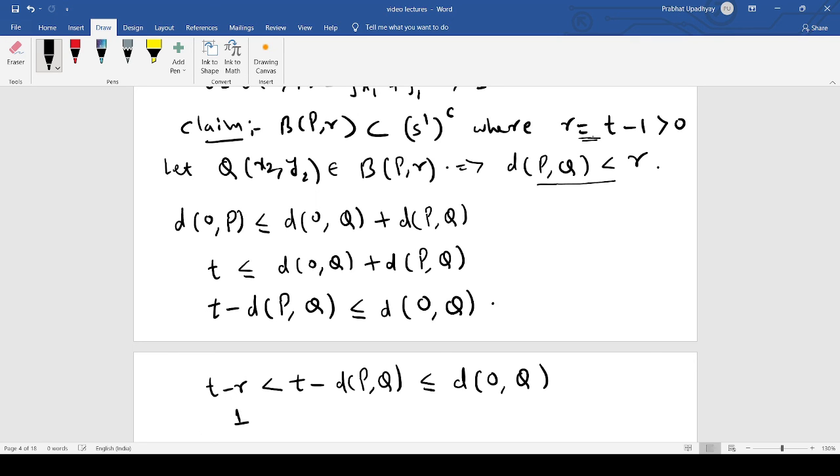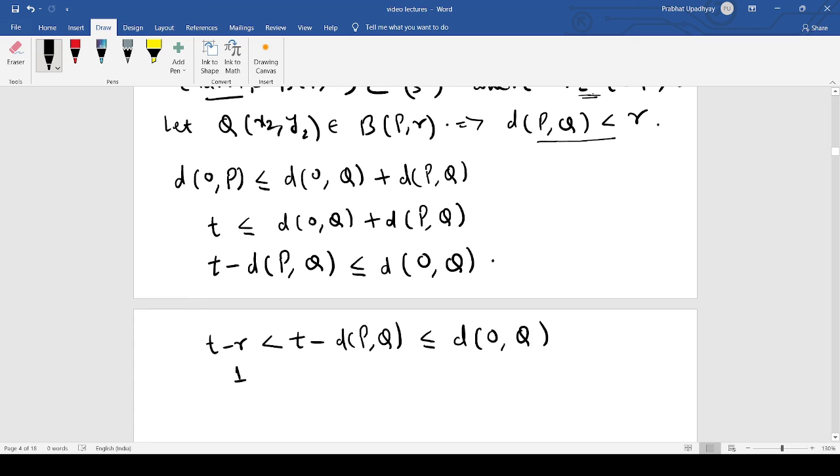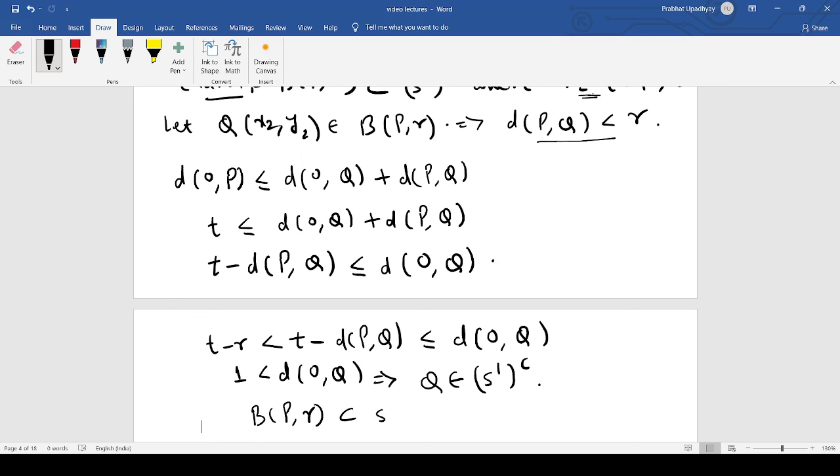So I have 1 is strictly less than the distance between 0 and Q. This implies Q belongs to the complement of S1, and this will prove your claim that the open ball B(P, R) is a subset of S1 complement.